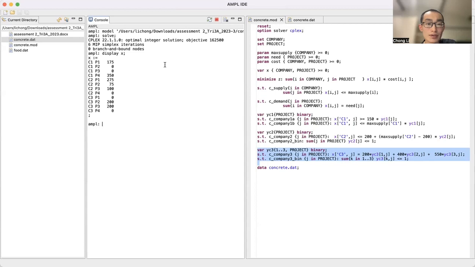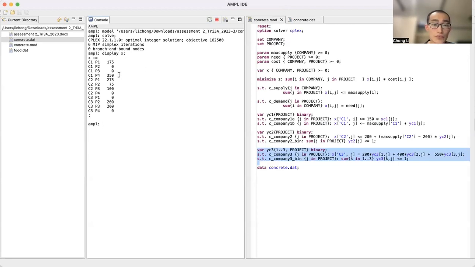Company 1 supplies 175 units to project 1, no concrete to project 2, and 200 to project 3, and 350 units of concrete to project 4.